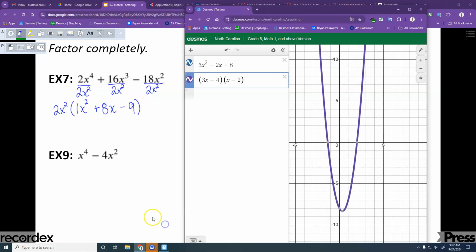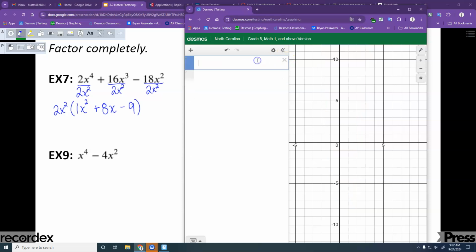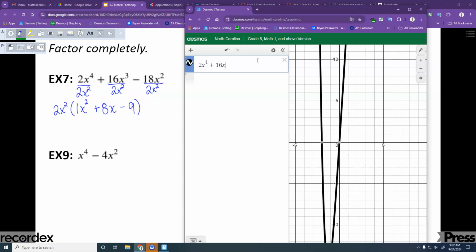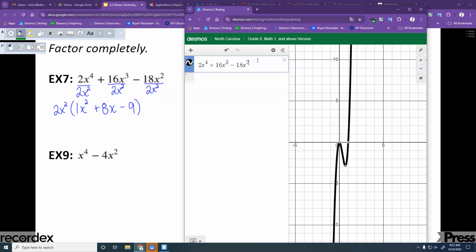Now, if we want to check and see if we're doing it right, we can pull up Desmos and type in 2x to the 4th plus 16x to the 3rd minus 18x squared, and then type in what we've got right now, 2x squared times x squared plus 8x minus 9. We can see they are the same.